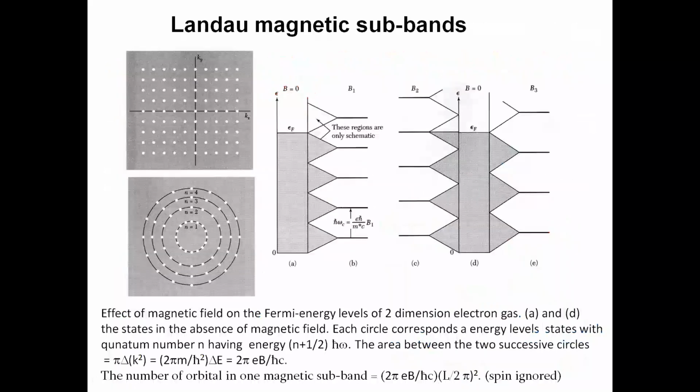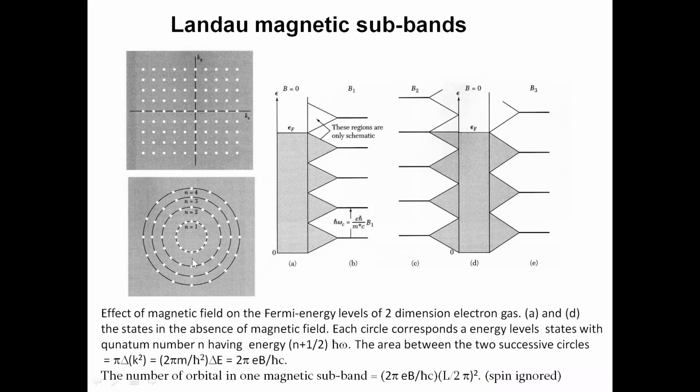This can be understood in terms of Landau magnetic subbands, which we have already discussed in the classroom. This is the orbital energy states, or allowed states, for an electron gas in k space. We have all possible k values, so this is for free electron gas.